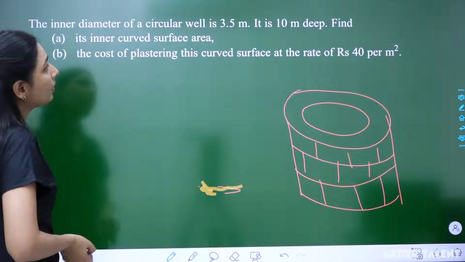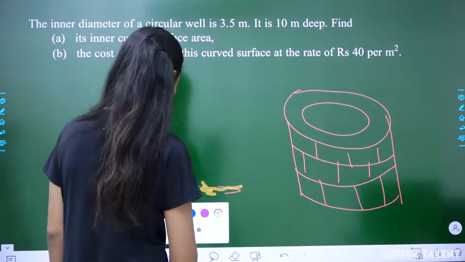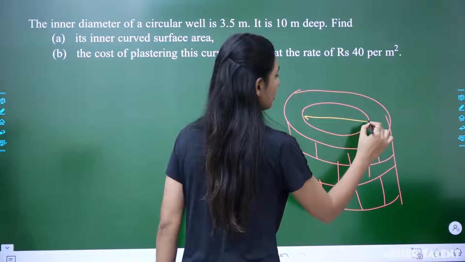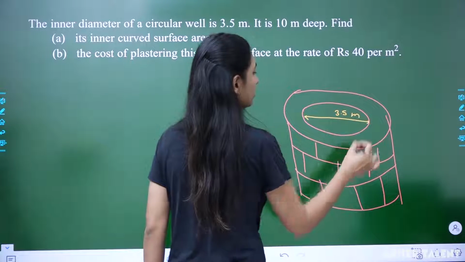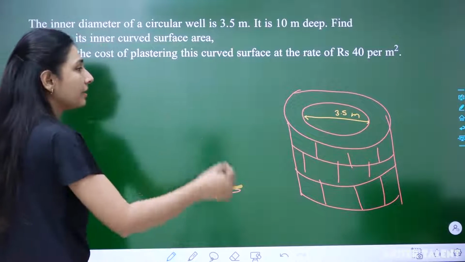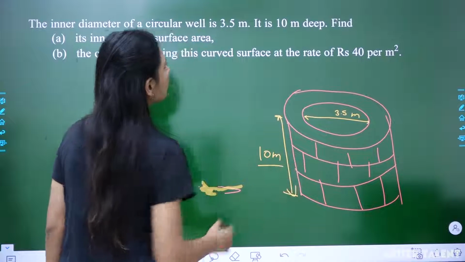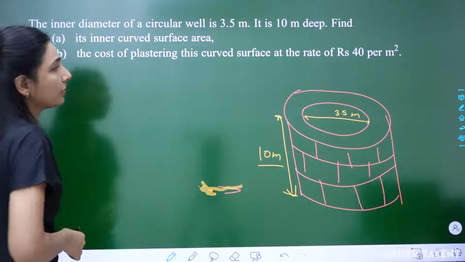So the inner diameter of the circular well is 3.5 meter. The diameter is given, 3.5 meters, and it is 10 meter deep. Find the inner curved surface area.